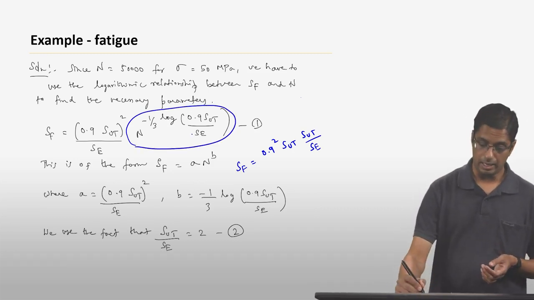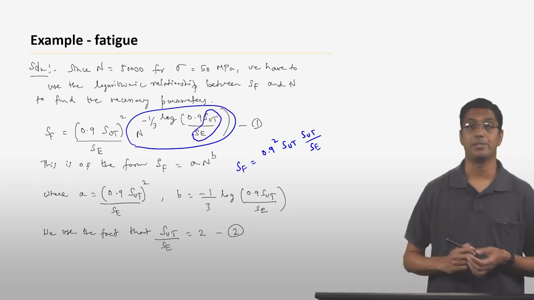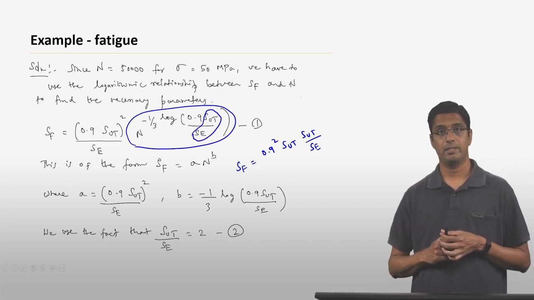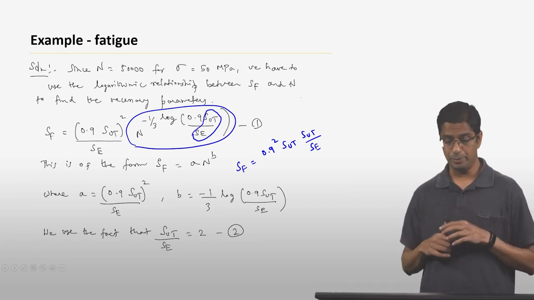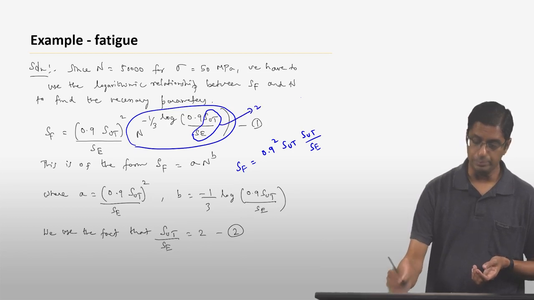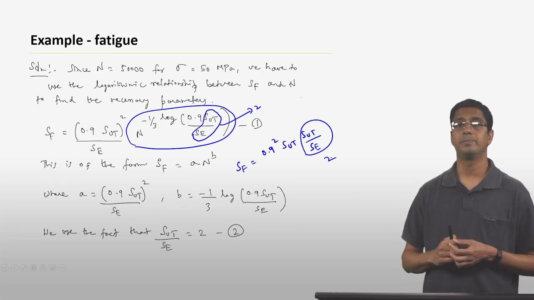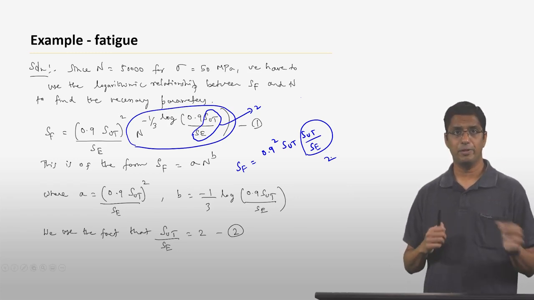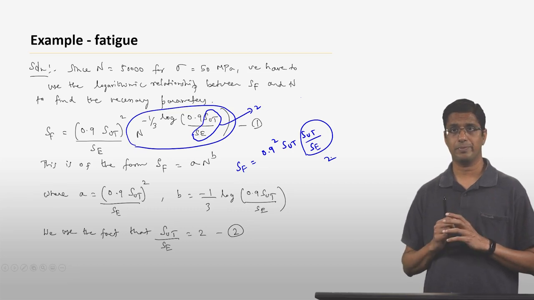And I'm also going to look at this particular SUT over SE. Now, if SUT over SE is given to be 2, I can essentially replace this factor by 2 and I can replace this factor by 2. Now if you look at the equation, essentially there is only one unknown, which is SUT.